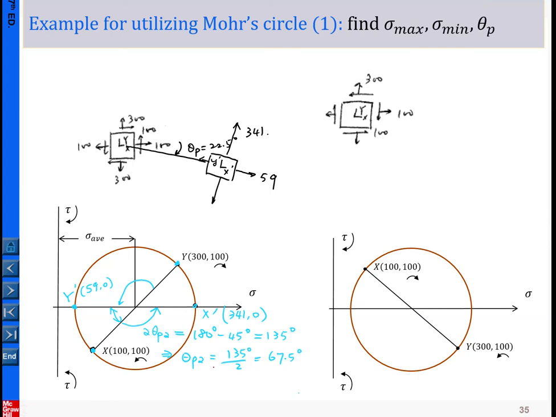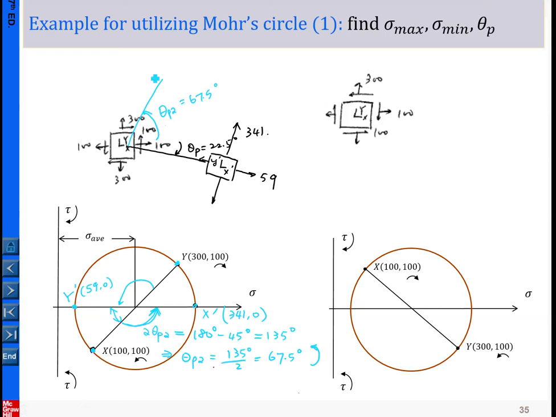And how about the sense of rotation? Sense of rotation is in that sense. So let me copy that one. It's in this sense. So under this situation, let me draw that one here. From here, the sense of rotation theta p to the second principal direction is 67.5 degrees.